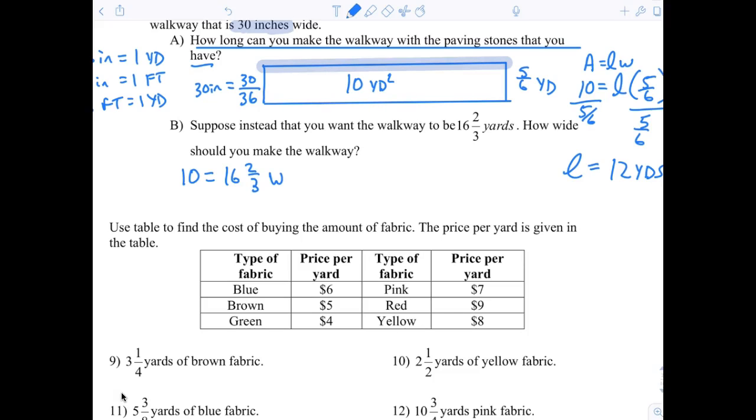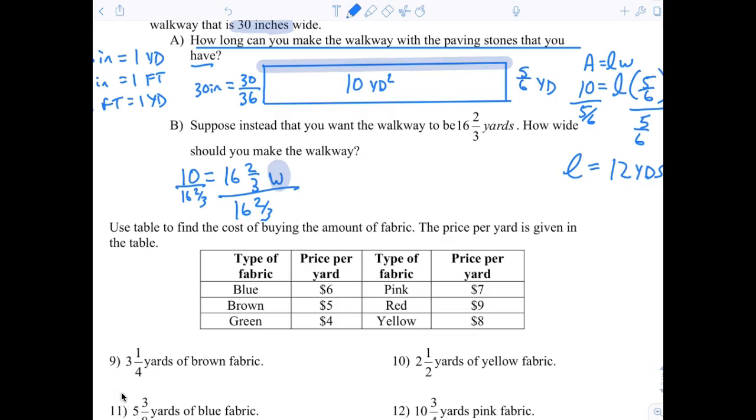What goes into your calculator first? Because we're solving for W, Bradley. So what do I have to do? Divide both sides by 16 2/3. Do you understand that? So what goes into the calculator first? The 10 does.